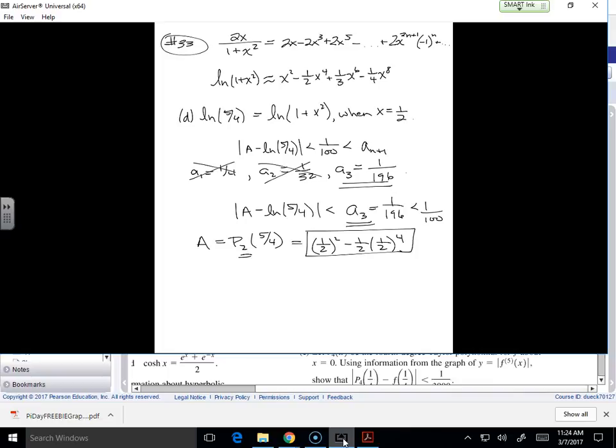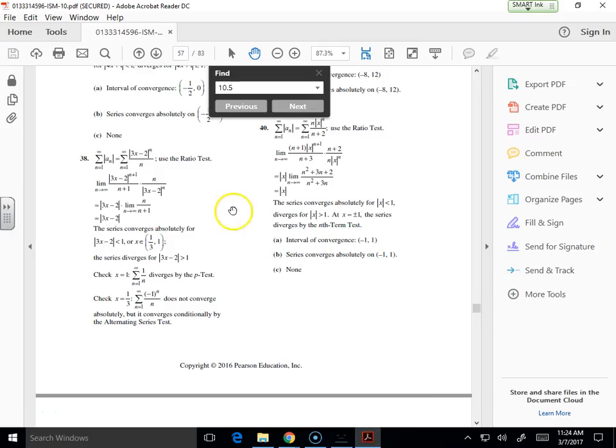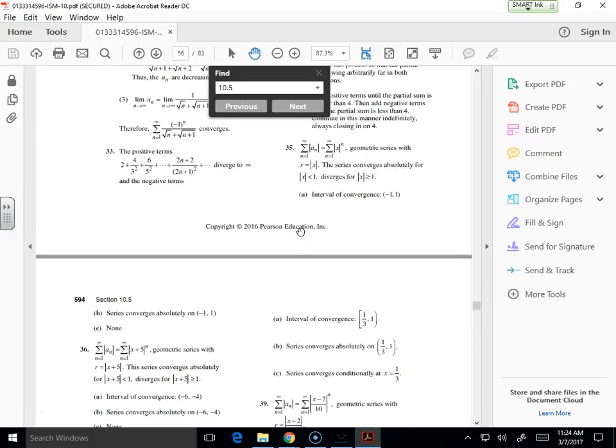Which would end up being, if we were to work it out, 1/4 minus 1/32, which would end up equaling 8 minus 7. I don't have the answer on me. I was hoping you guys would have it.